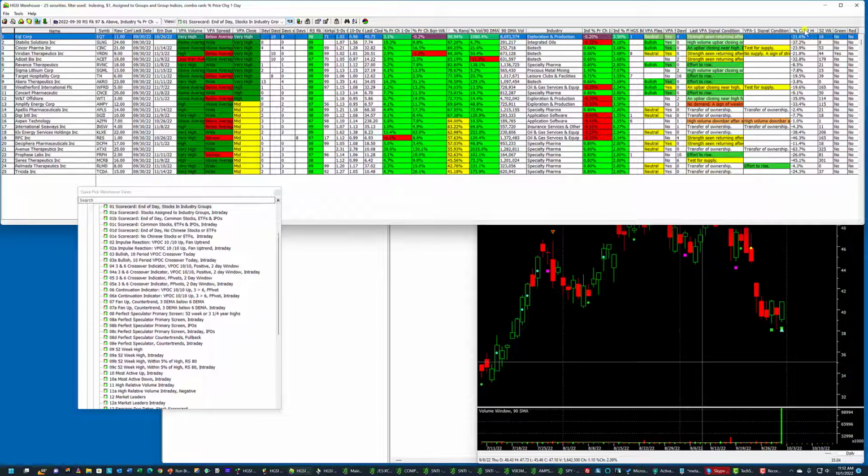But on the other hand, if you look over here at the percentage close to the 52-week high, you can see a lot of them are well off of their 52-week high, even though they have a high relative strength. Why is that?